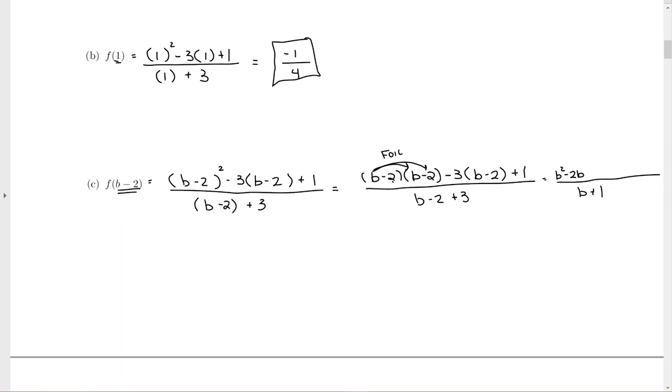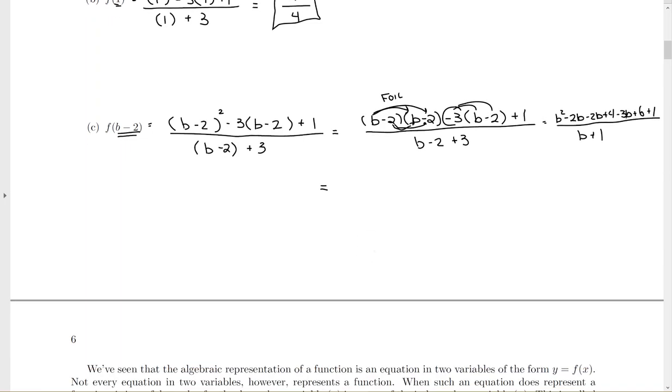Now take the number negative 2 and multiply negative 2 times b, and negative 2 times negative 2. Now I'm going to take the number negative 3 and multiply that through using distributive property. Negative 3b, negative 3 times negative 2, positive 6, and then I still have the plus 1.